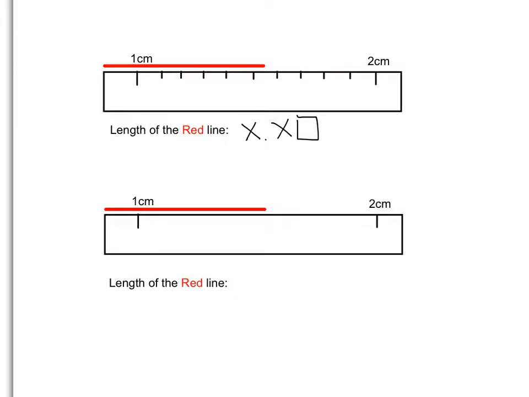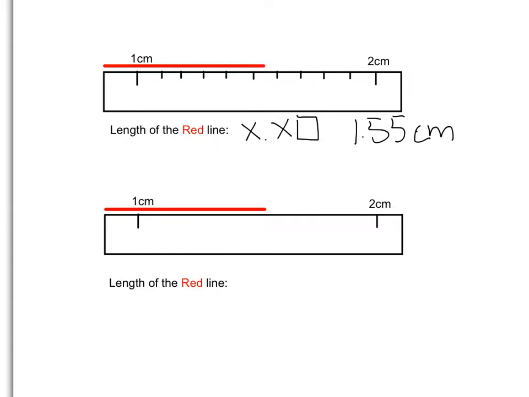So in this case, I believe that the red line using the top ruler is going to give me a measurement of 1.55 centimeters. Now if all we had was the bottom ruler to measure, it's very hard to be precise in our measurements.